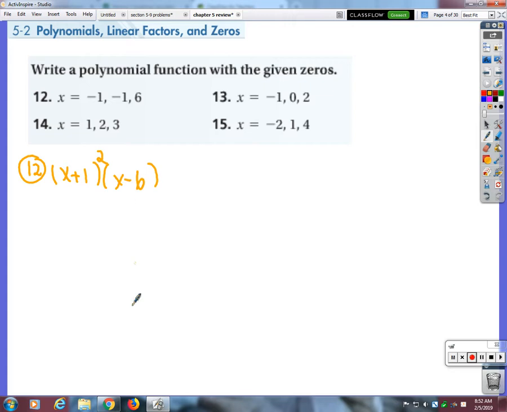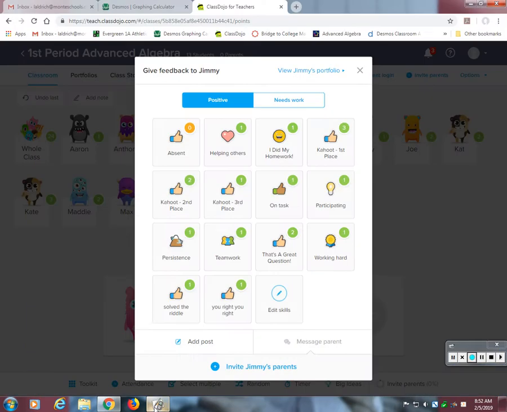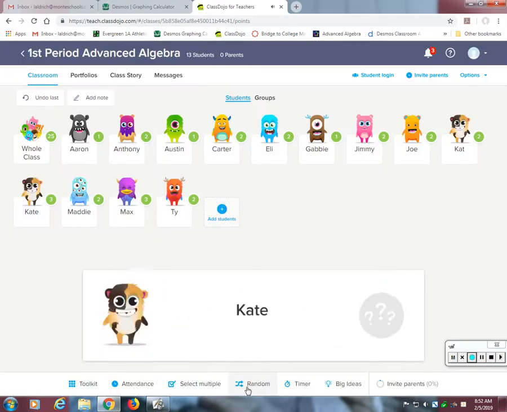You could say x plus 1 times x plus 1 times x minus 6. Just go with x plus 1 squared times x minus 6. So you're just subtracting the zeros all the time.